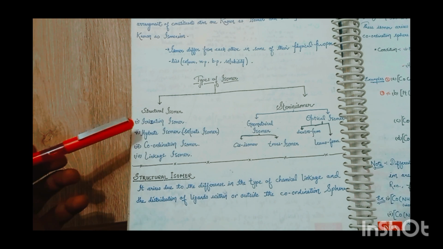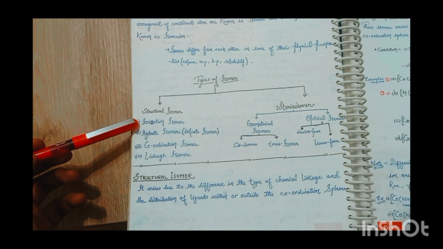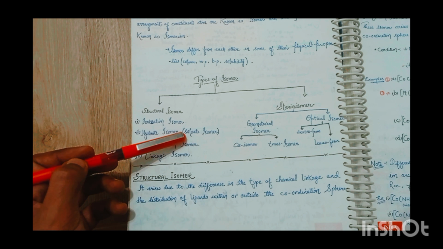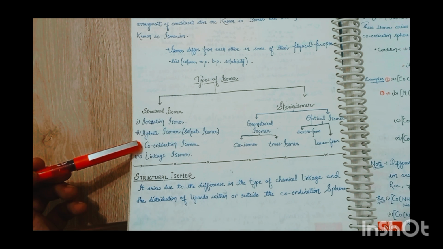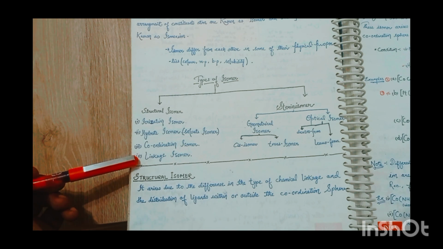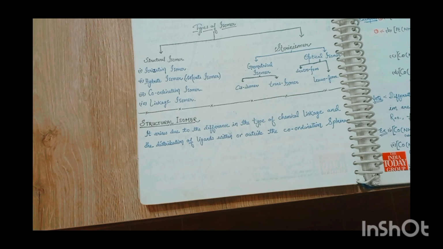There is no need to memorize the definition, even the word itself indicates the difference of the isomer. First is the ionization isomer. The second is the hydrate isomer, also known as the solvate isomer. The third one is the coordination isomer, and the last one is the linkage isomer.